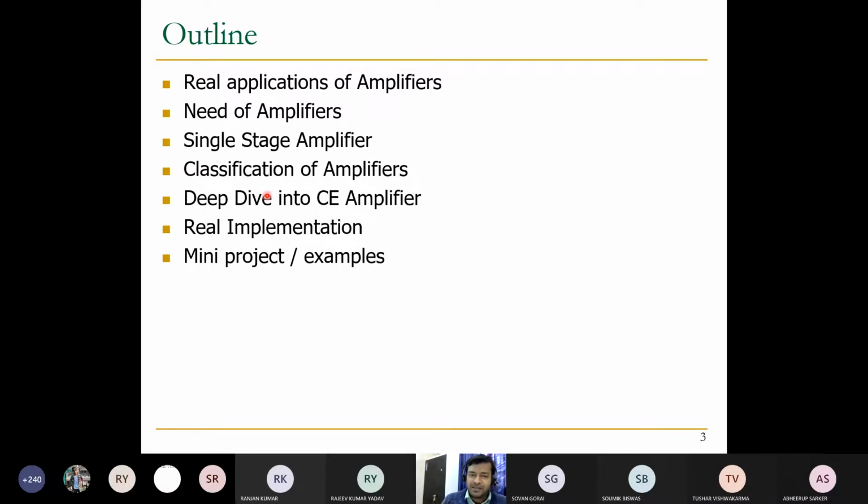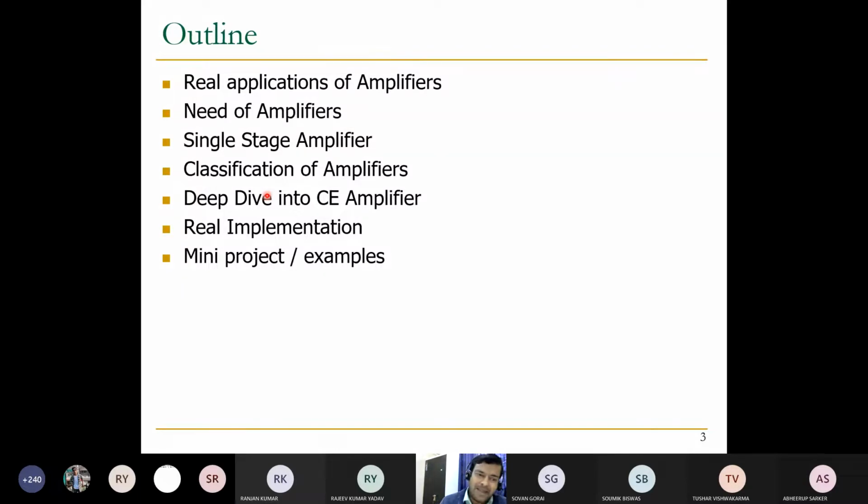For practical purposes, multi-stage amplifiers are mostly used, but based on the syllabus, I'll cover single stage amplifiers. Then I'll move to classification of amplifiers. Then a deep dive into the common emitter amplifier, one type of amplifier. There are several types of amplifiers, and I'll talk about them under the classification of amplifiers.